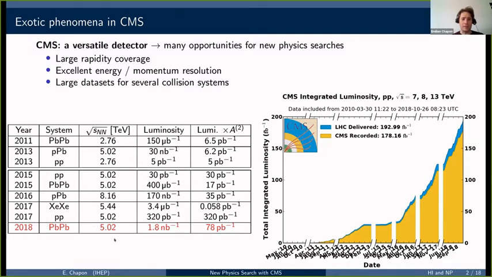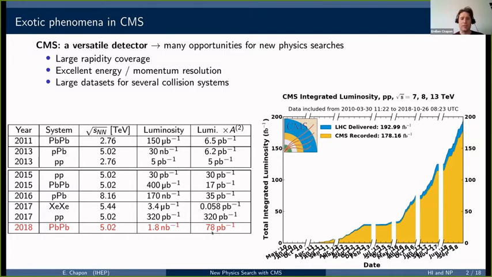In particular, I highlighted in red the latest one, which is lead-lead in 2018, a bit less than 2 inverse nanobarns. In the last column I put the luminosity scaled by A squared, which, for anything initiated by hard partons, is the equivalent pp luminosity, and as we can see, it is still quite low.